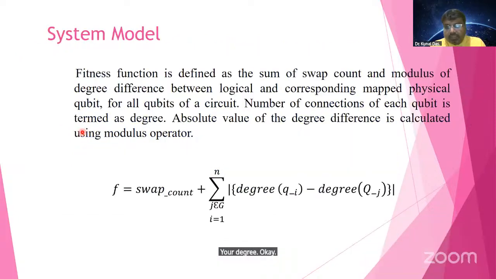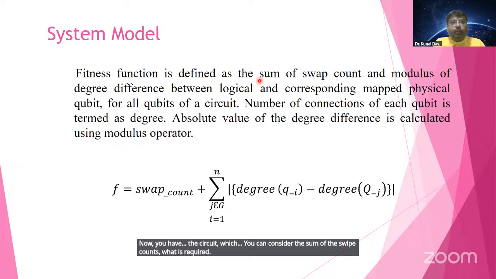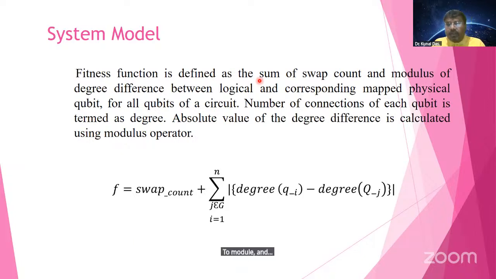Now let us see the system model of the fitness function. You can see the fitness function is defined as the sum of swap count. Definitely, if you have done an initial placement, now you have the circuit, and you can consider the sum of the swap counts required, plus the modulo of the degree difference.